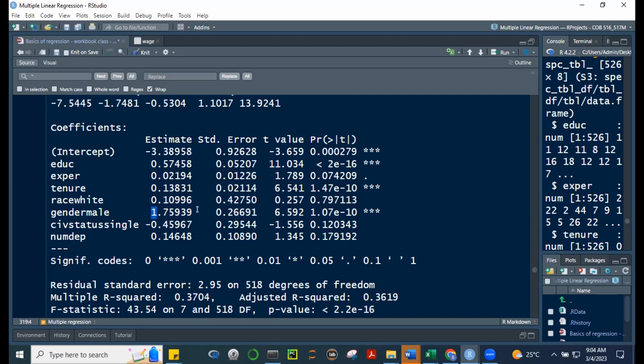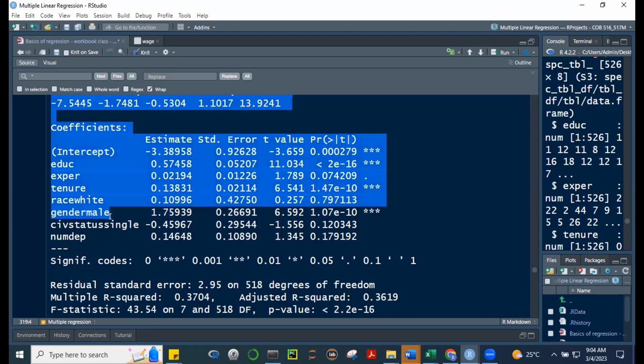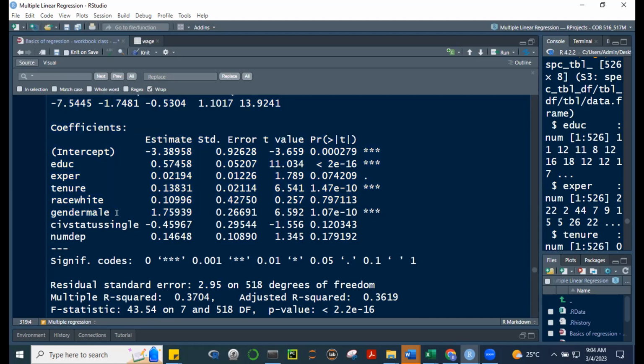And what does this mean? 1.76. Let me just approximate it to $1.76. This means that on the average, we do not interpret it as for 1 unit increase in gender. There's no such thing.